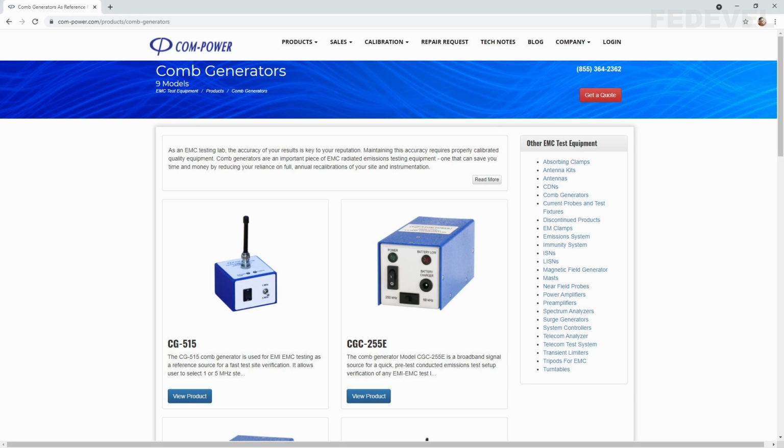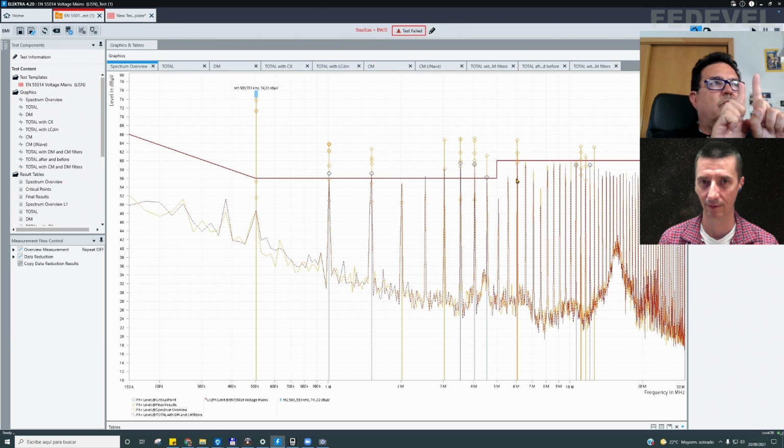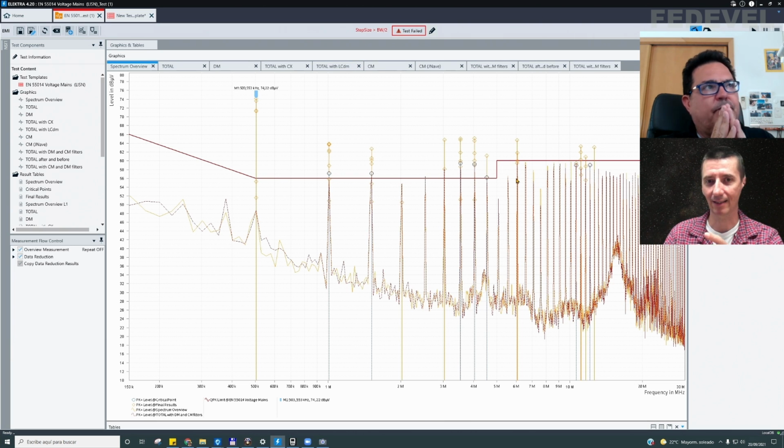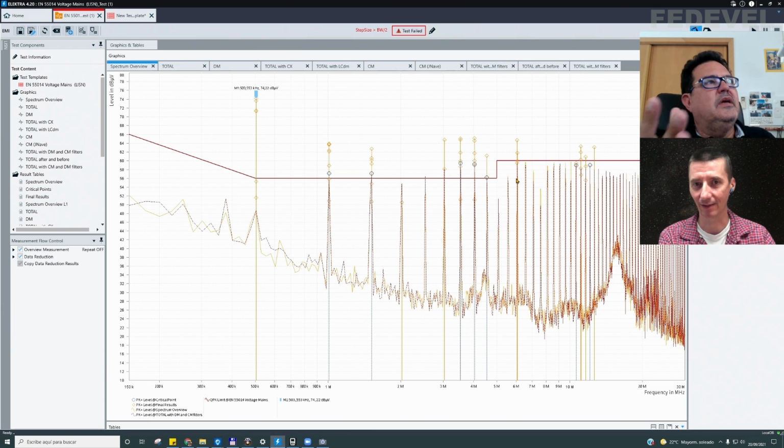The comb generators create, from some specific frequency, multiple signals in some specific frequency range, and they use some kind of reference source, so you can check that your setup is working in a good way. Okay, so your setup should show exactly the same results as are specified in this device.